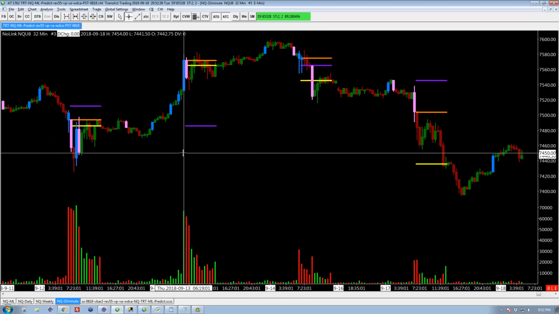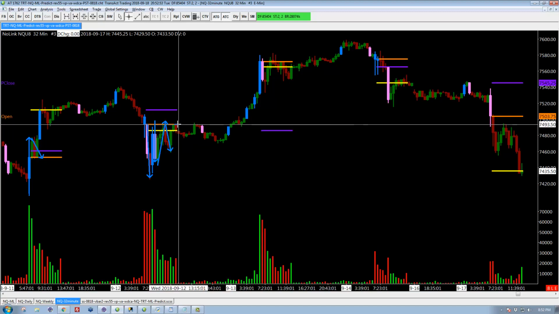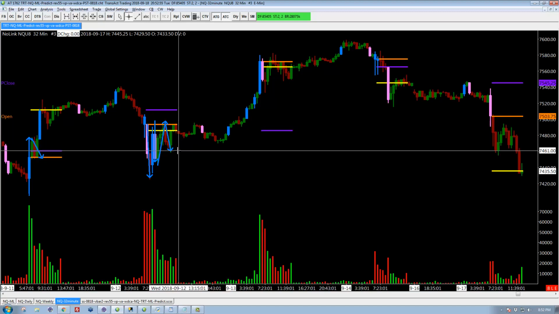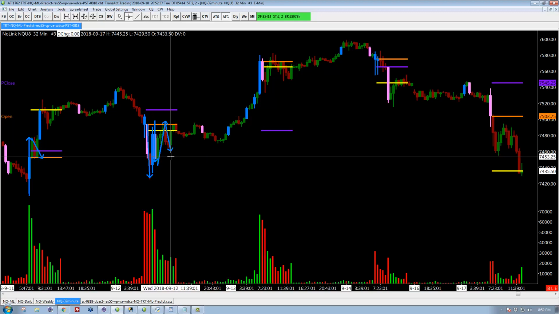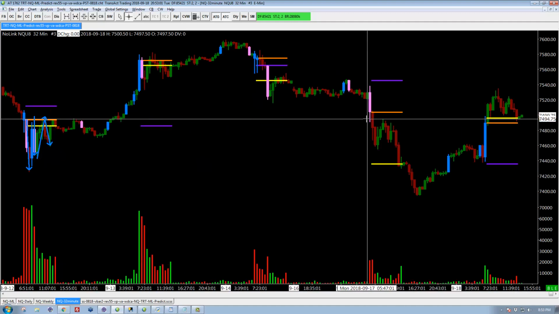Just this kind of day is just insane to try to trade. Look at this, all the way down to here, all the way back up, and then all the way down again, and then all the way up again, and then down even further, or down again, but not quite so far. But it's still really big. 93 to, it's still a 20-point move down. So dangerous waters. Okay, be careful out there.